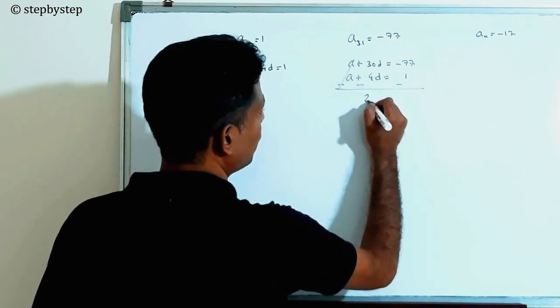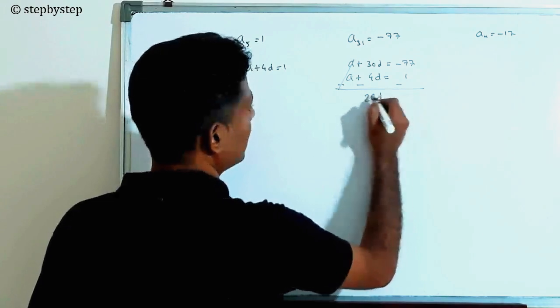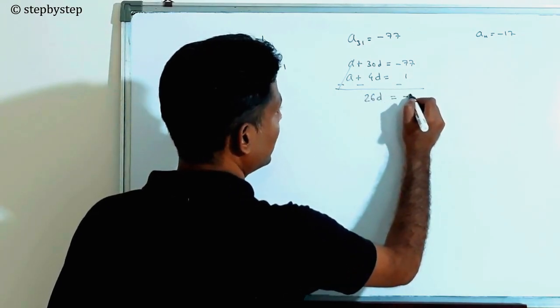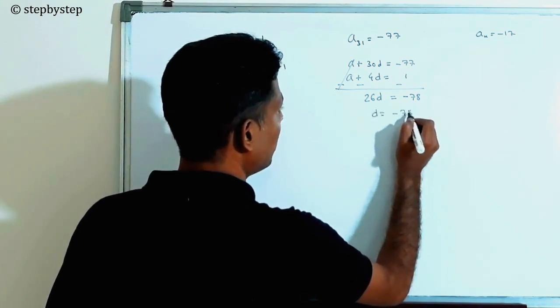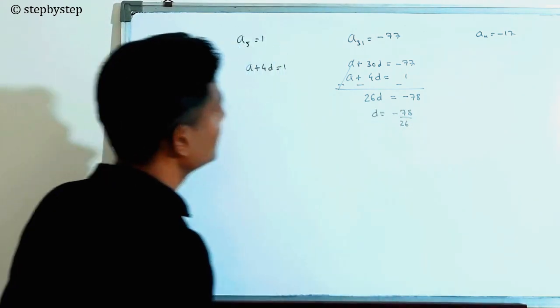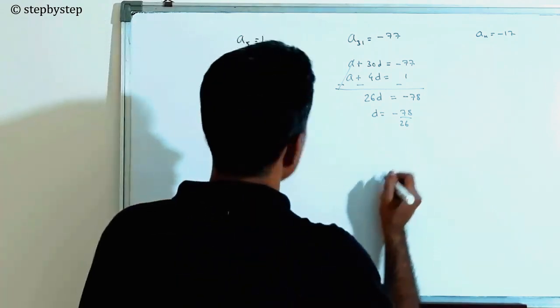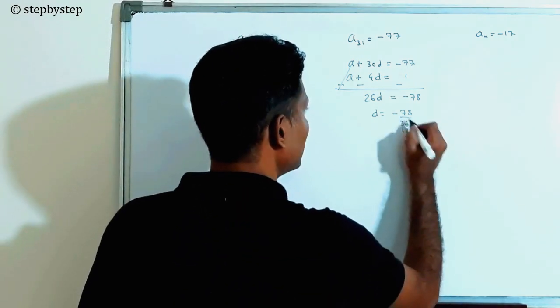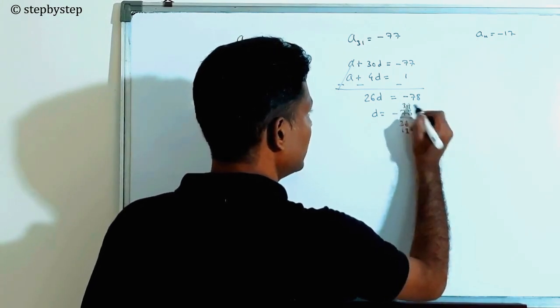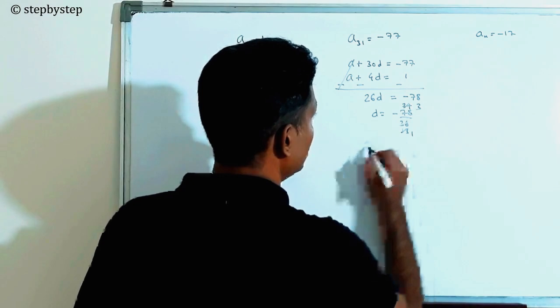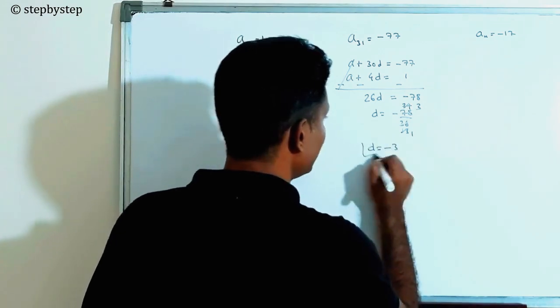This cancels. 30 minus 4, 26d equal to minus 78. So d equal to minus 78 by 26. Right? So 13 threes are 39. 13 sixes are 78. So the value of d is minus 3.